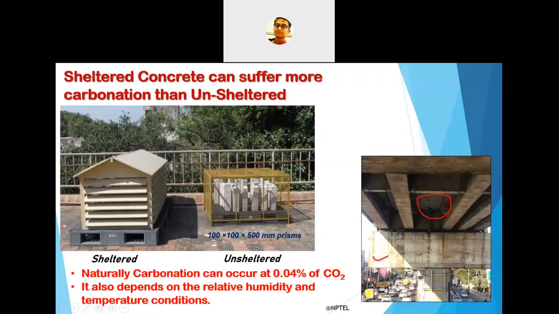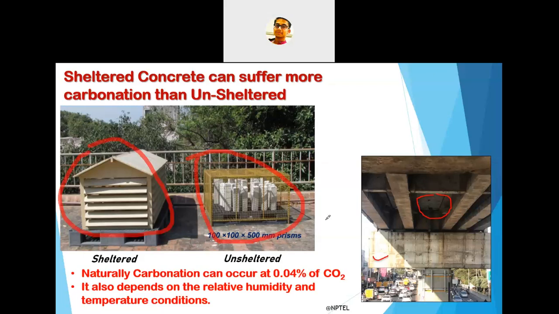So one set in unsheltered, it is open, and one set is in the sheltered position. So it has been seen that after some significant days, the samples which were kept in the sheltered part suffered from more carbonation.